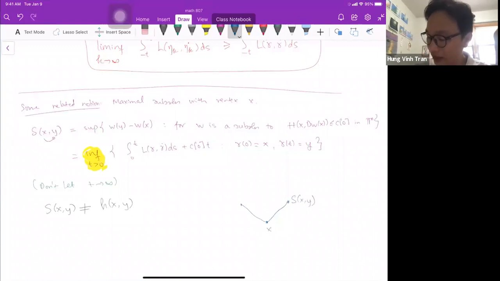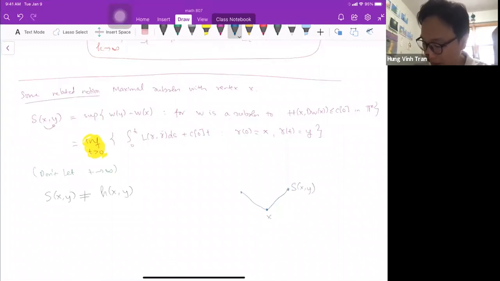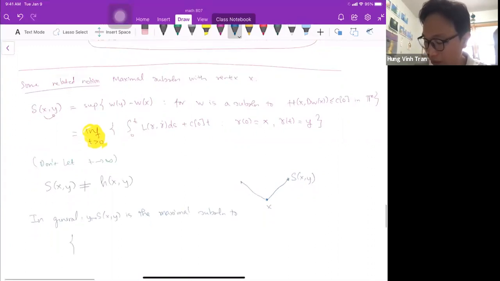In general, y maps to S of x, y is the maximal subsolution to the equation H(y, DS) less than or equal to c naught in the torus.